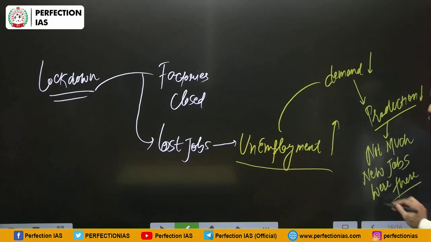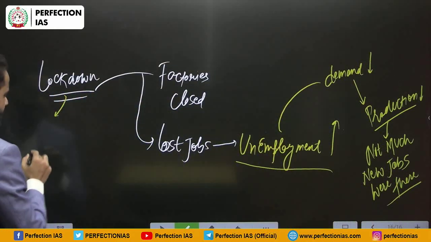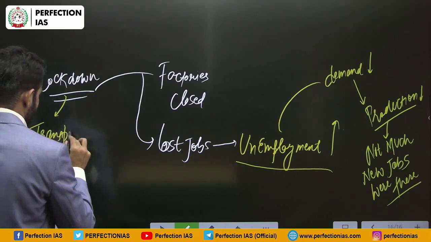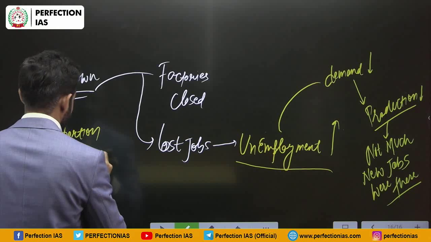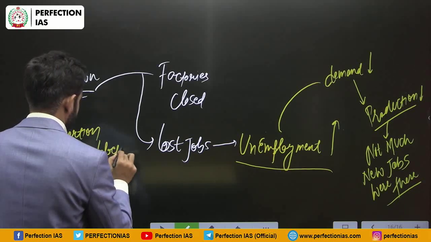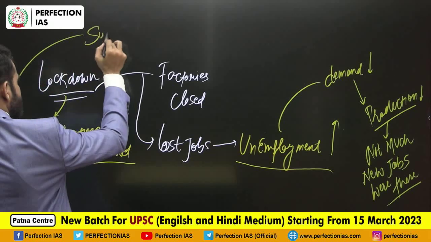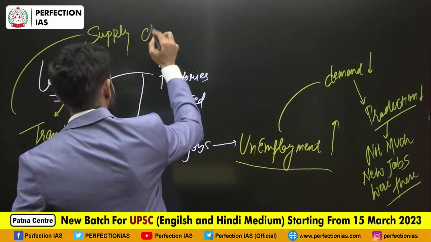Apart from that, due to lockdown, transportation was impacted badly. Transportation was blocked, and that is why the supply chain was disrupted.